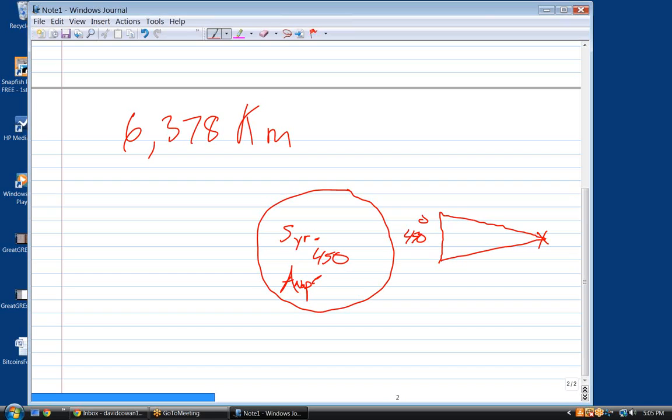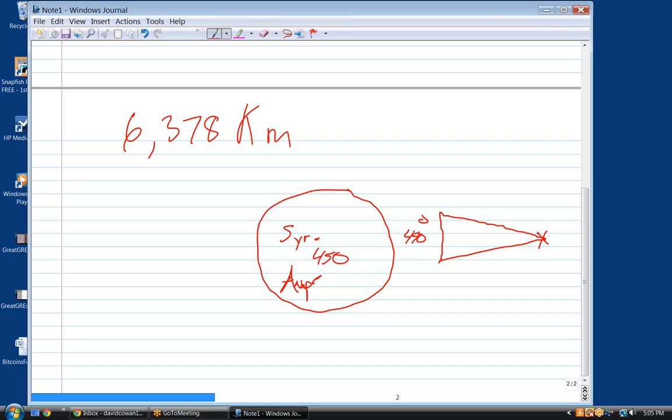One 60th of a degree would be 1 nautical mile. And so we need a conversion between nautical miles and kilometers. Do you happen to have that? No, we weren't given anything like that.